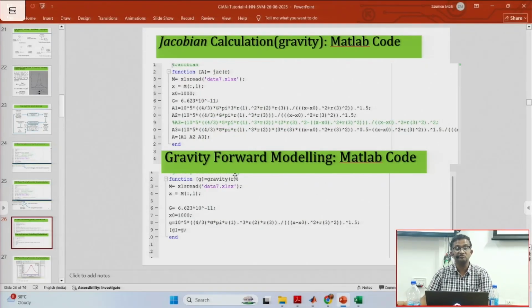X0 is the location at the center, G is the universal gravitational constant, and delta G is the anomaly computed at any point along the profile. The forward computation gives you that anomaly for the initial model parameters you provided.